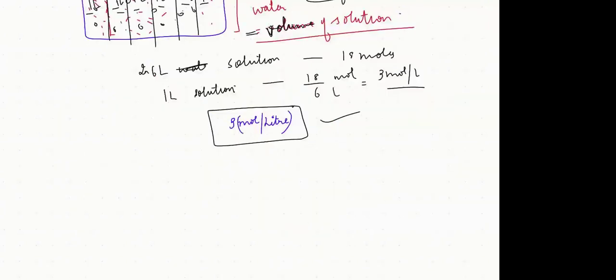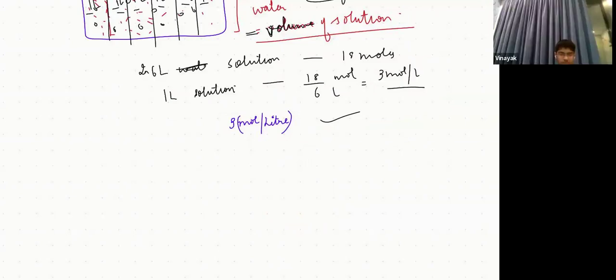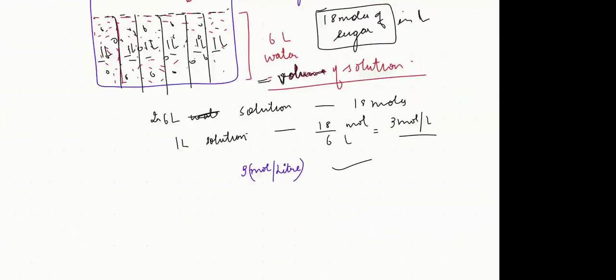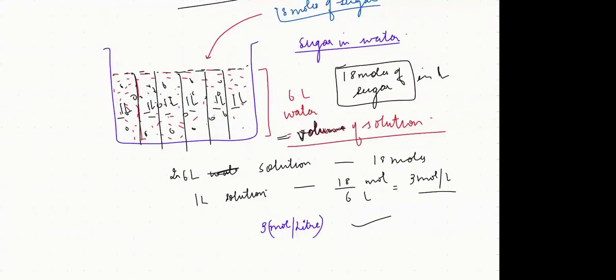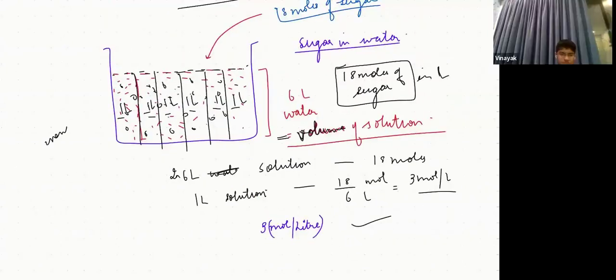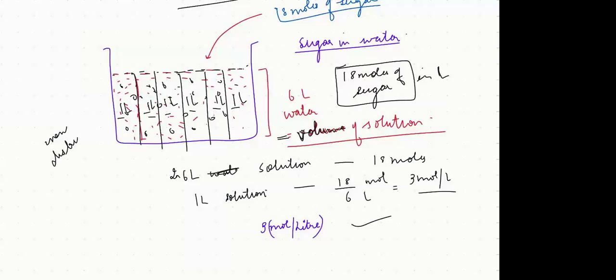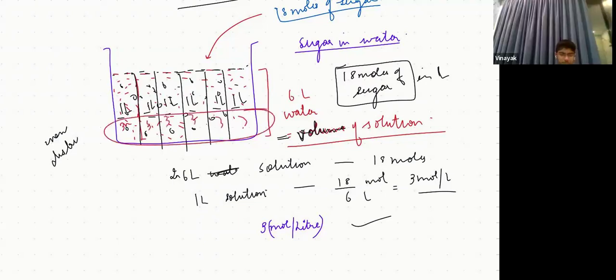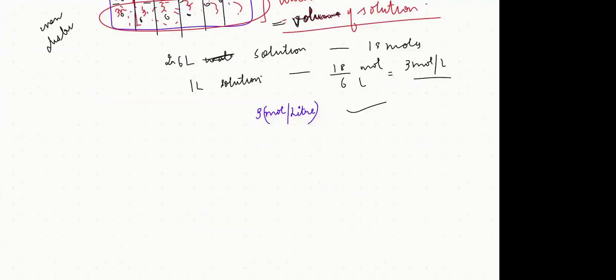So that is the concept, right? You understand that if you assume even distribution, how many moles per liter would you find? That will be 3 moles here, 3 moles here, 3 here, 3 here, 3 here, and in all, total 18 moles. So how many moles of solute you are getting per liter? That is molarity.